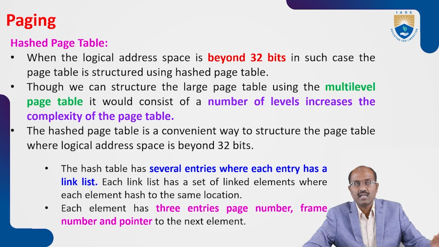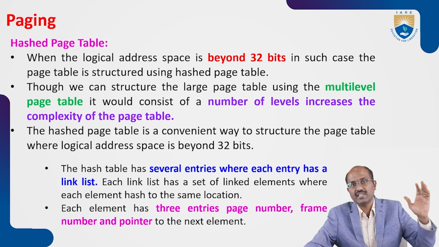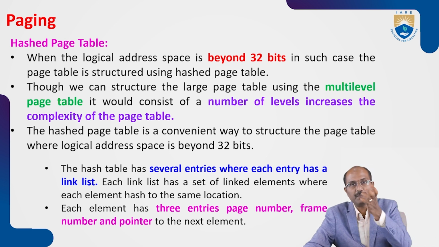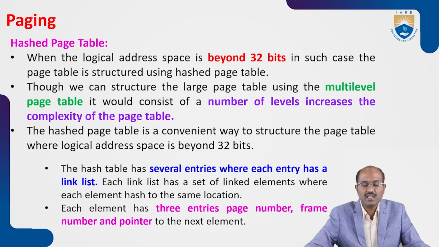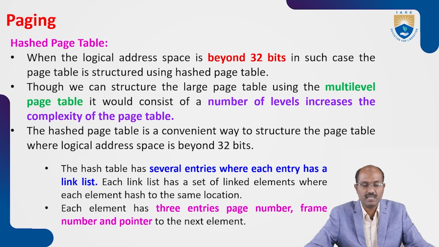Next, the hashing page table. There is a hash address, and the page table is mapped by the hash address. If the hash address matches, the corresponding page is active. When the logical address space is beyond 32 bits, the page table is structured using hashing.